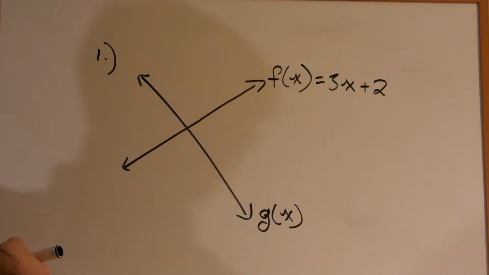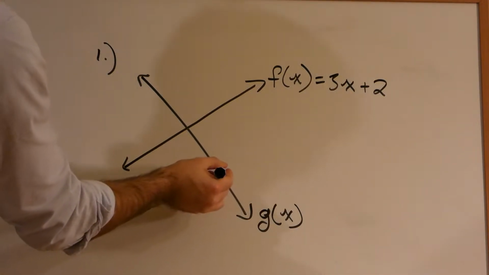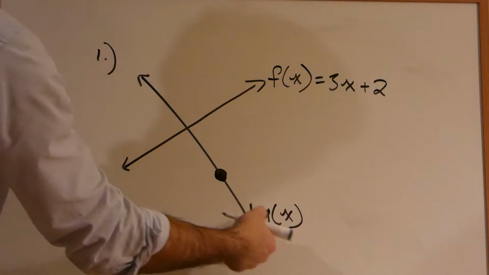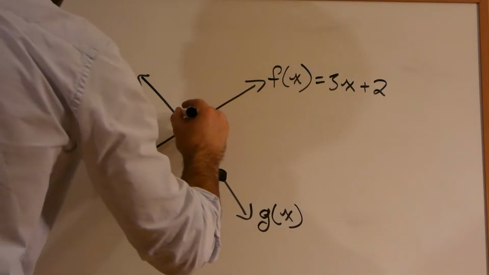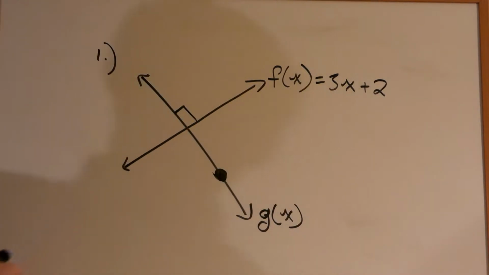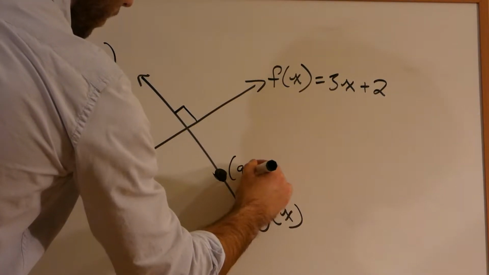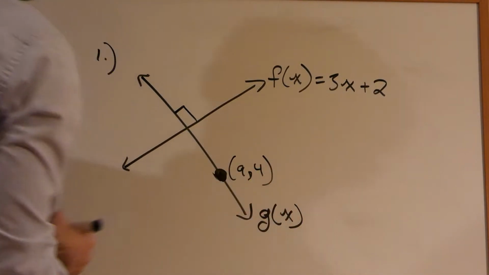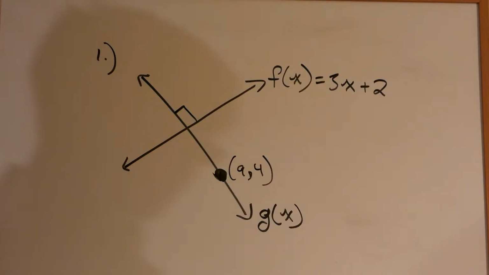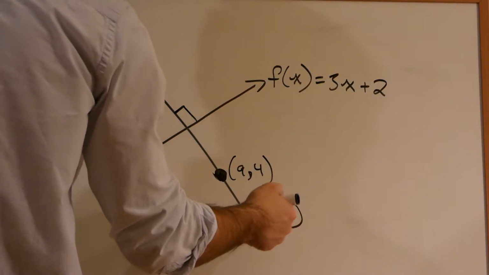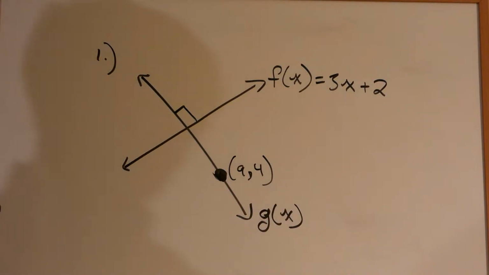And we're also given a point on our function g of x, as well as these lines are said to be perpendicular to each other, because this is also given here. So it's 90 degrees, and this point right here is (9, 4). So we're given a lot of information. We're trying to figure out, again, what g of x is, what the equation of that line is.